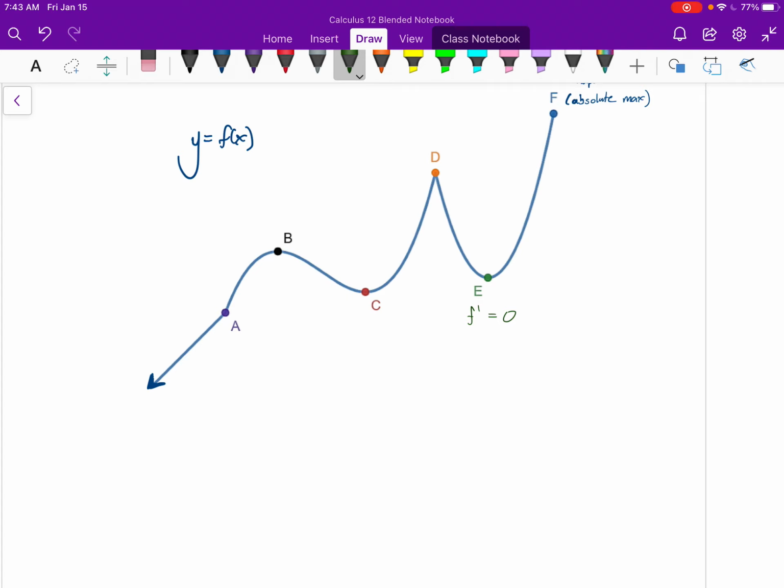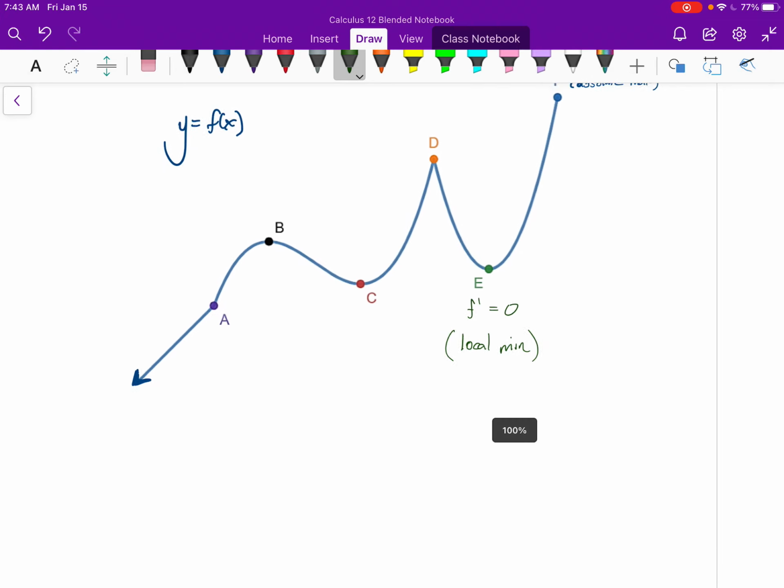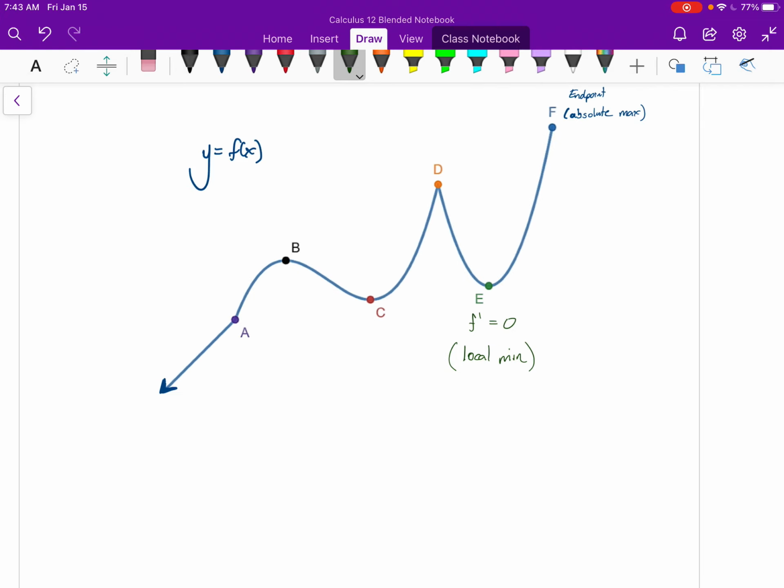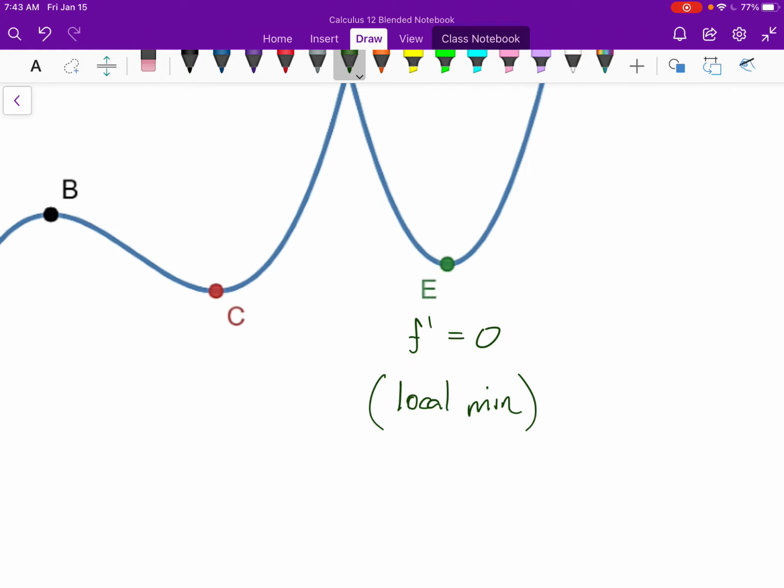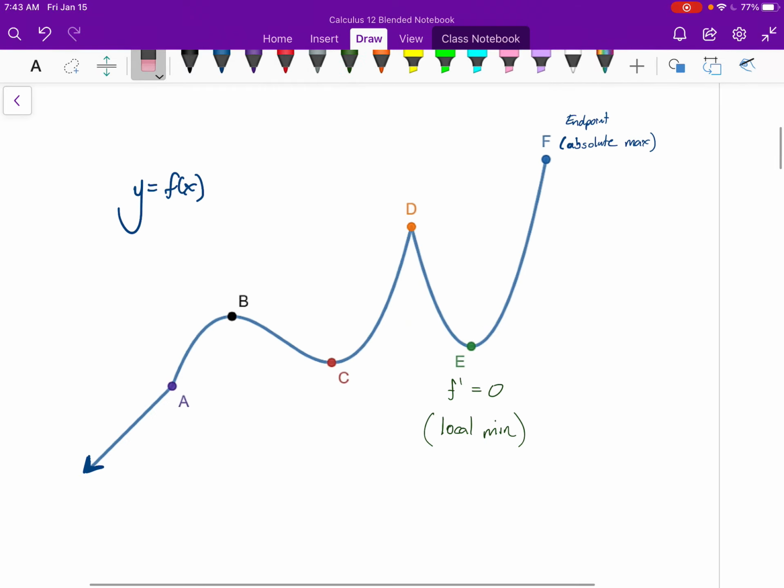This point is what we call the local max. Sorry, local min is what I meant to say. What do you know? I said the wrong word. By that I mean it's not the absolute lowest point of the entire function, but in its local neighborhood, in this area around here, it is the lowest point. So we call that a local min. Let's see how many times I say the wrong word.